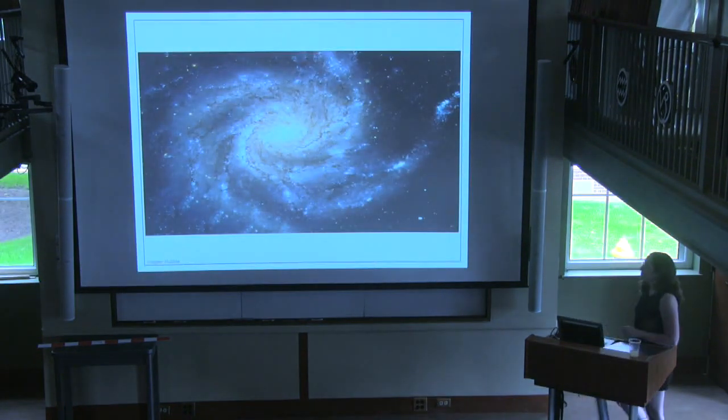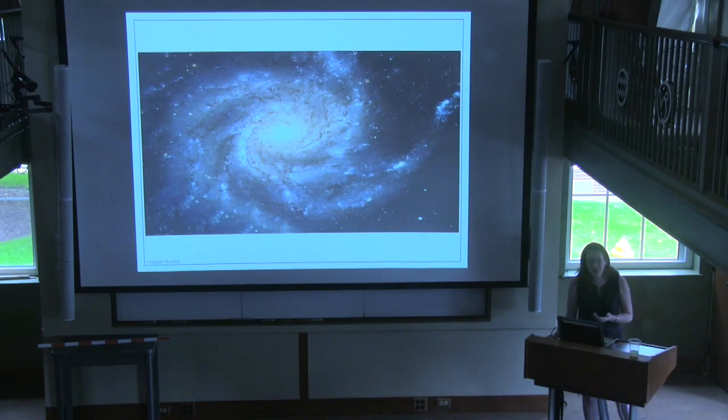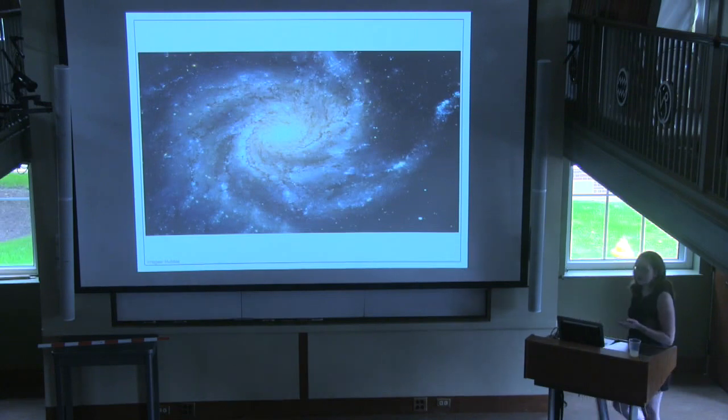So I'm sure most of you have seen these beautiful Hubble images of galaxies in the nearby universe. This is a nice grand design spiral type galaxy, flat, star forming, and you have probably been told in your undergraduate courses that there are 3 basic types of galaxies.